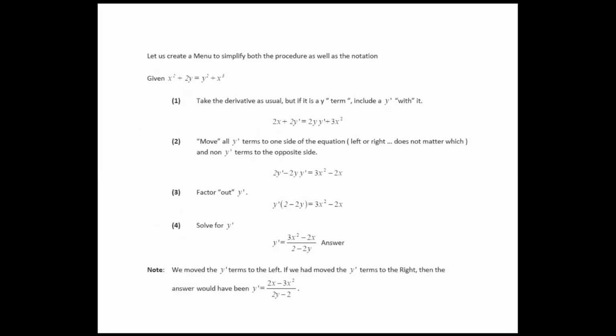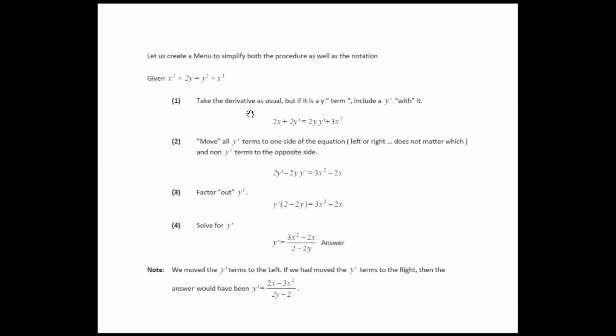So let's see if we can create a menu. Here's what we're going to do. Step 1, we're going to take the derivative of everything as usual. But if it's a term that has a y in it, we're going to put a y prime with it. So let's see what happens.